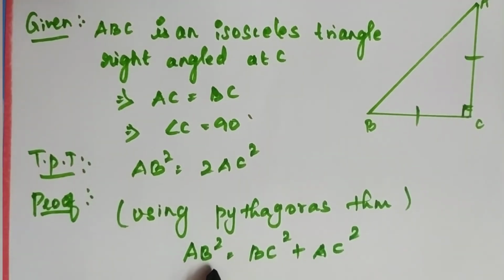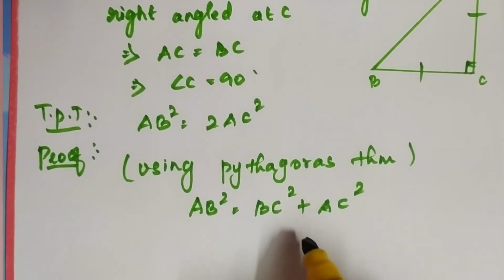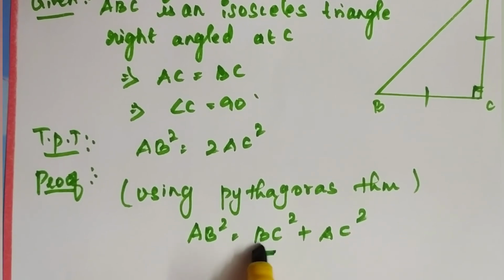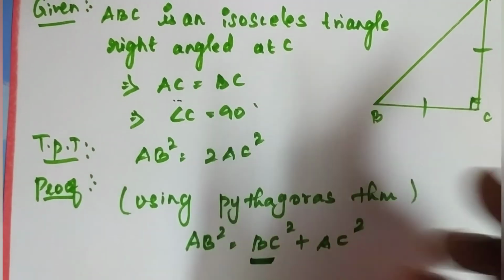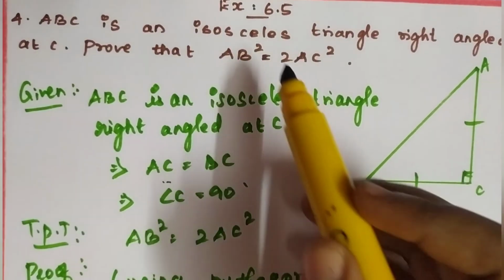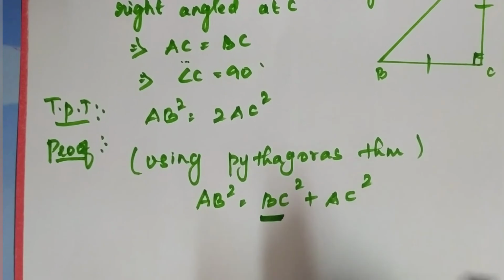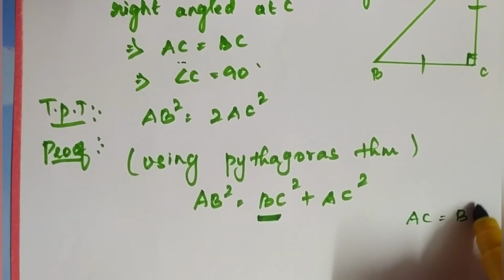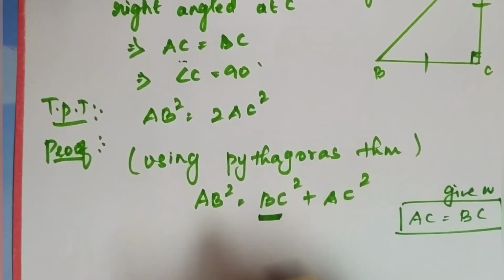The square of the hypotenuse is equal to the sum of the squares of the other two sides. So instead of this BC, I can write AC, because we want to prove that AB square is equal to AC, not BC. So instead of BC, I'm going to substitute AC, that is from given.